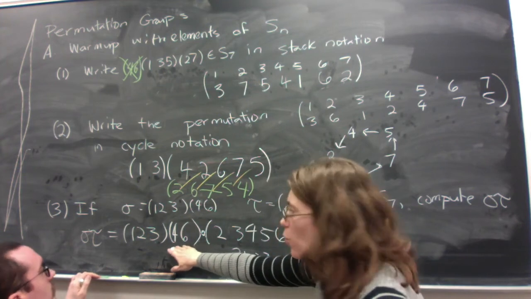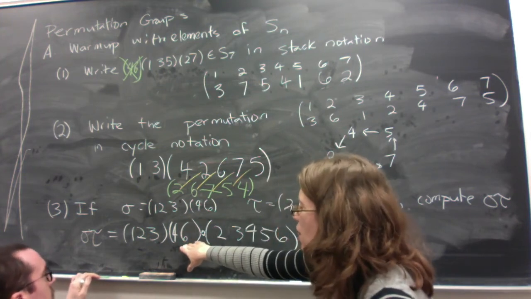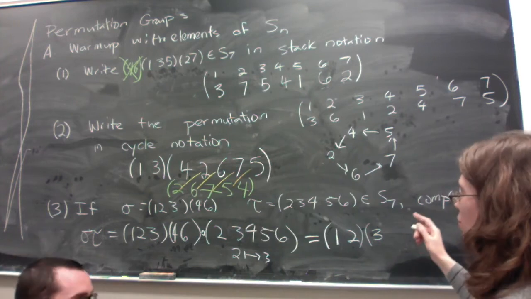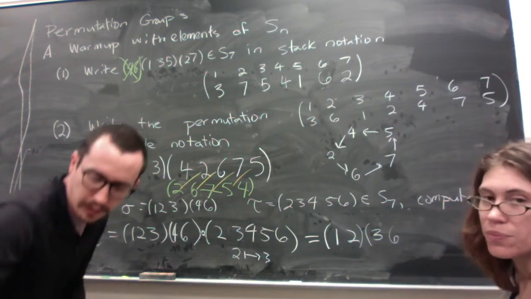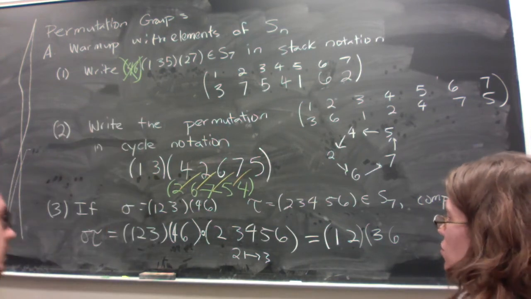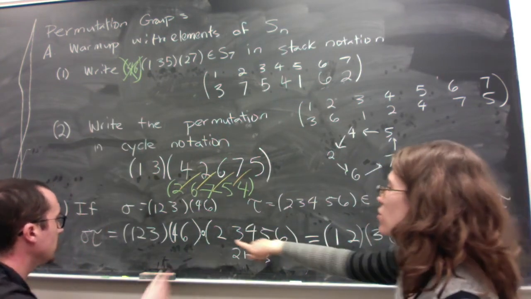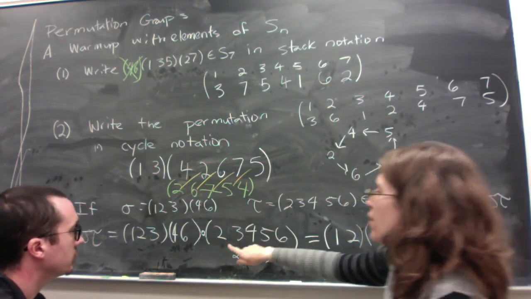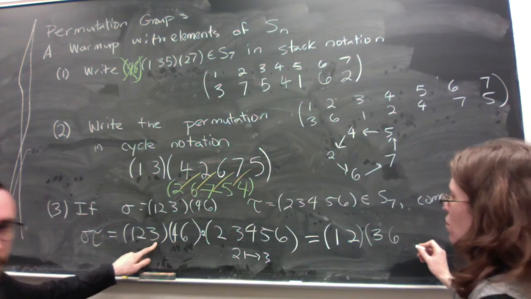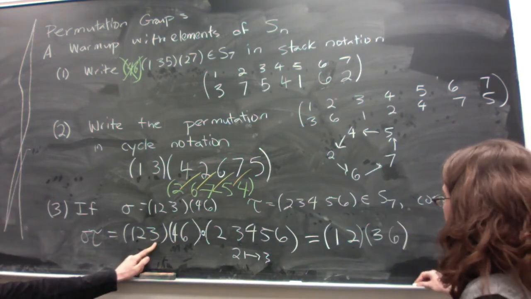I see that 4 goes to 6, and then 6 is unchanged by (1 2 3). So 3 went to 6. Yeah, I guess so. And then I want to see where 6 goes. Oh, okay, so 6 goes to 2. And then 2 is unchanged, and then 2 goes to 3. Oh, wow, weird.